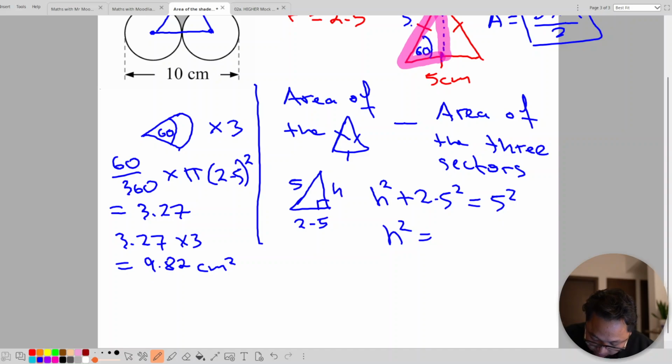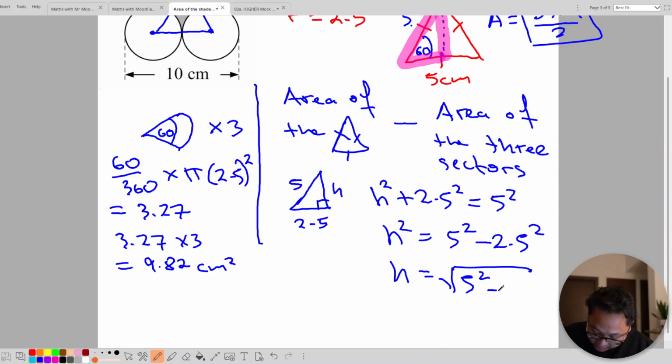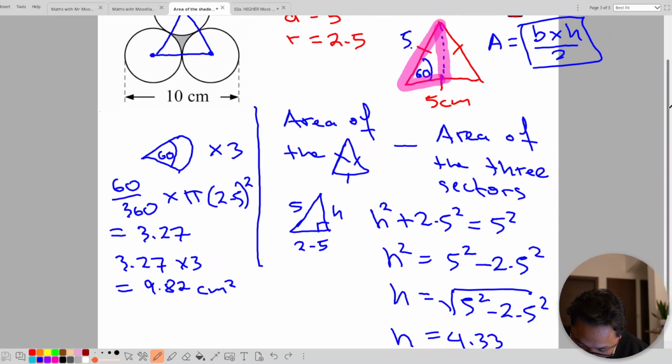Let's rearrange it first. So h squared is equal to 5 squared take away 2.5 squared. h is going to give me the square root of 5 squared take away 2.5 squared. Let's type that in our calculator, and that would give you 4.33. Okay, let's go up to my page.